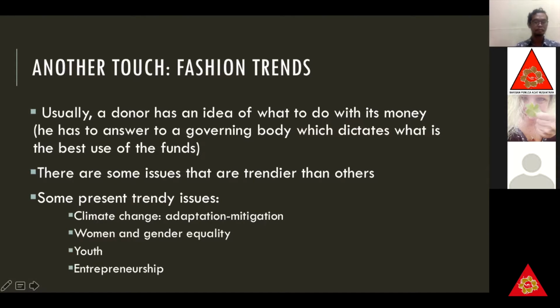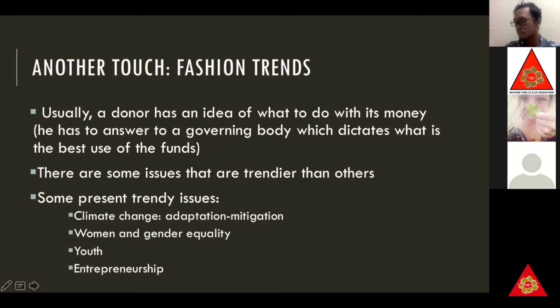Another important point, and that is of interest to you all, is youth. What are we going to do with youth? Youth are the future. Youth are the present also. So how are young people going to participate? How is youth going to participate in your project?